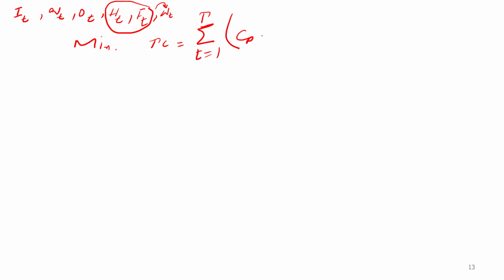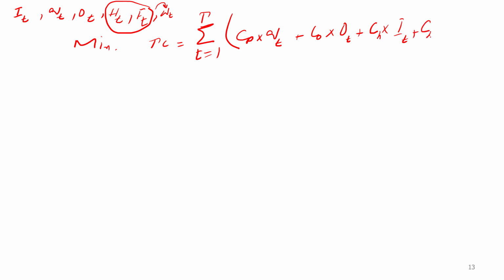So C_p represents the production cost per unit, multiplied by the quantity we are producing in time period T in regular time, plus the overtime production cost multiplied by the quantity we are producing in overtime. Then plus we have the holding cost. C_h represents the holding cost per unit, multiplied by I_t, the inventory we have in time period T.